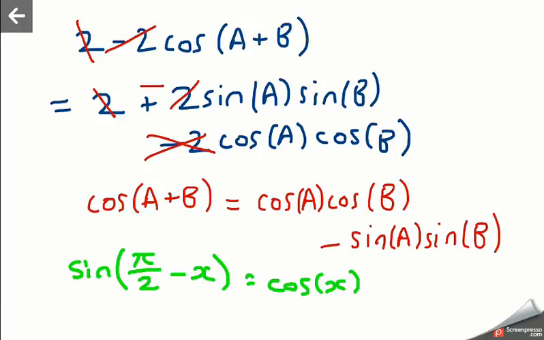And conversely, cosine of pi over 2 minus x is equal to sine of x. So you can use these two formulas to get the sine version, and make sure it still works using the diagram. Make sure we haven't done any specific cases that the diagram doesn't include, because the whole point of this is to prove it for all values of a and b.